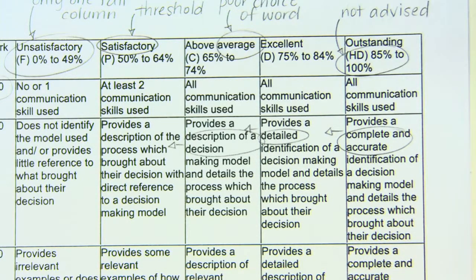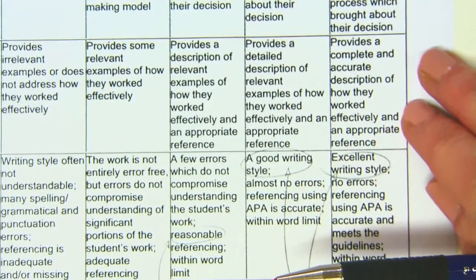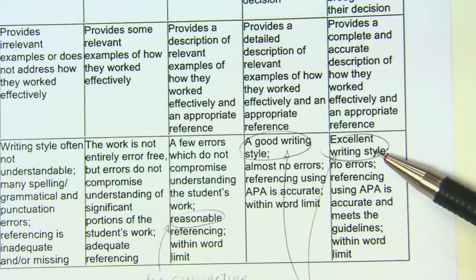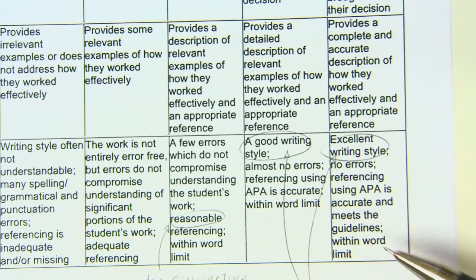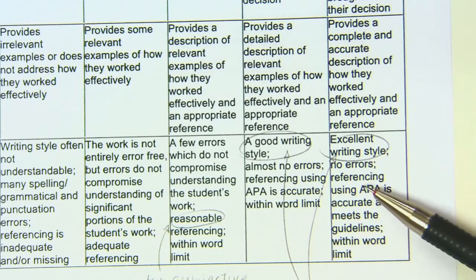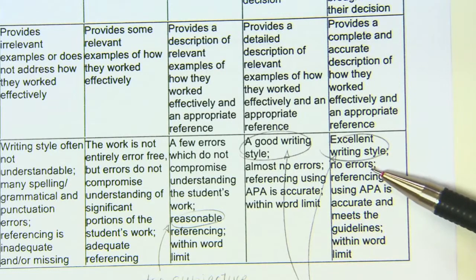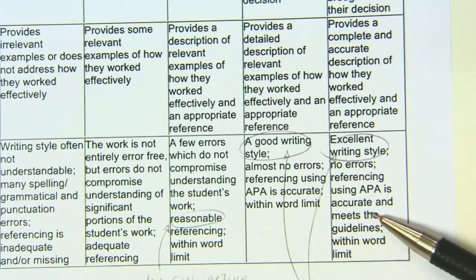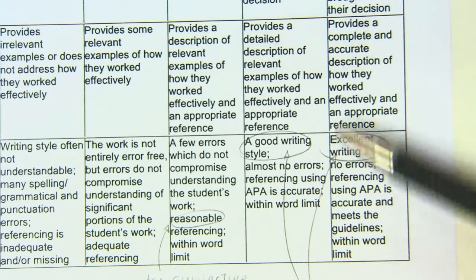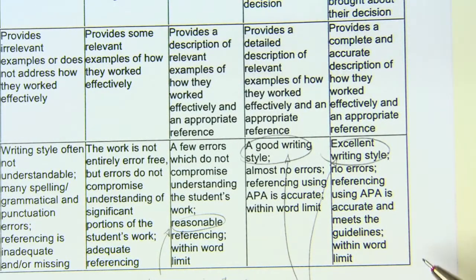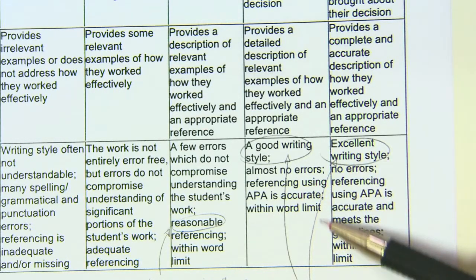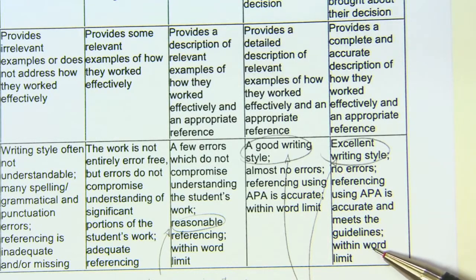So this should really, if you are going to use this word, this should really be outstanding. And this should really be excellent, just to match the column headings. Having said that though, I wouldn't even include those statements to reduce the amount of words in each of the cells because the heading already tells you the level. So they're not necessary at all. What comes after that heading is what defines what excellent is.